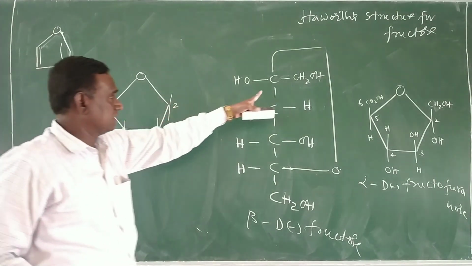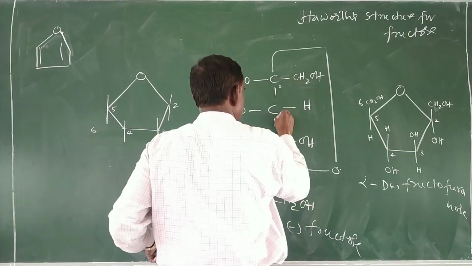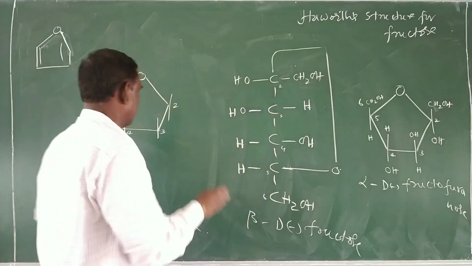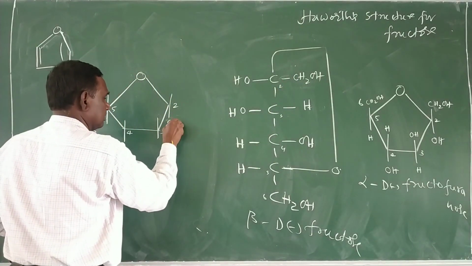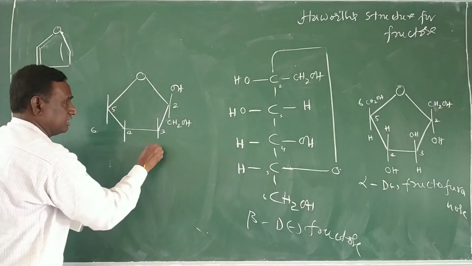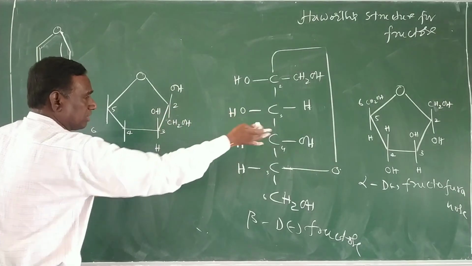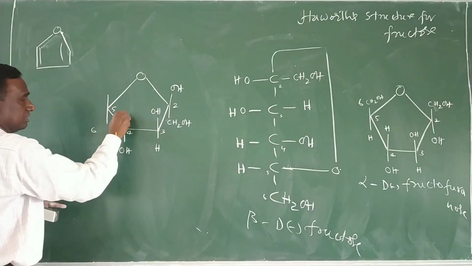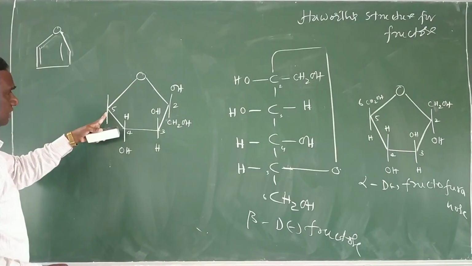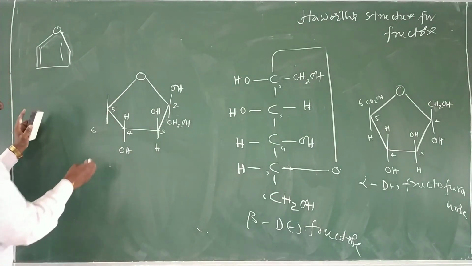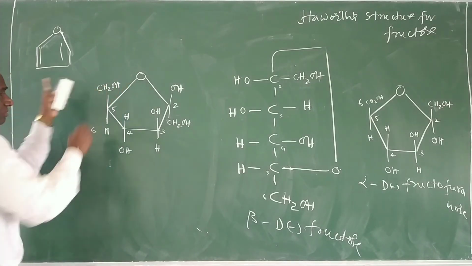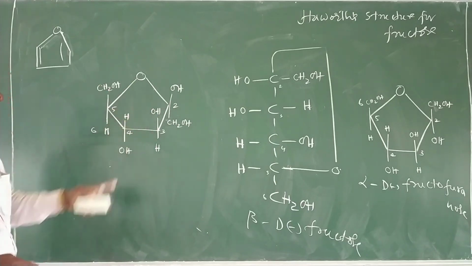And this is 1, 2, 3, 4, 5, 6. Second term on the right hand side is CH2OH. You have to write CH2OH here, and this is OH. Third atom, this is H, this is OH. Fourth term right hand side OH, therefore this is H. So fifth atom, this is O, and this is H. Okay, this is CH2OH. So therefore, you have to write H here, this is CH2OH here. Opposite hand.